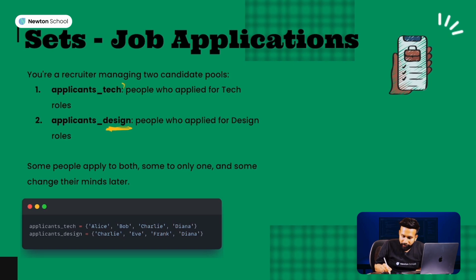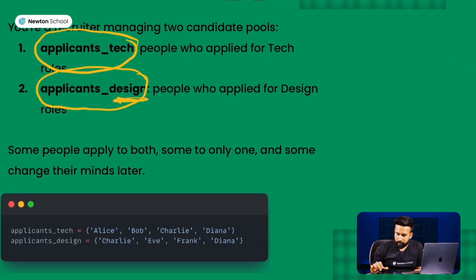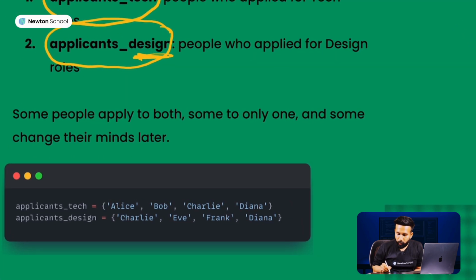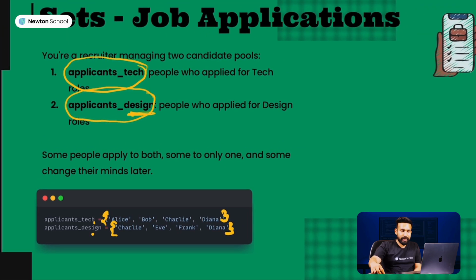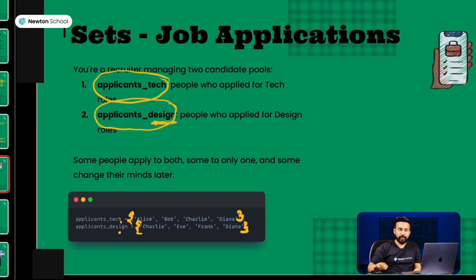So I have applicants who have applied for a tech role, and I have applicants who have applied for design roles. So here are basically two sets, one for tech, one for design, and I have jotted them down as sets. Let's quickly see what interesting operations we can do on it.